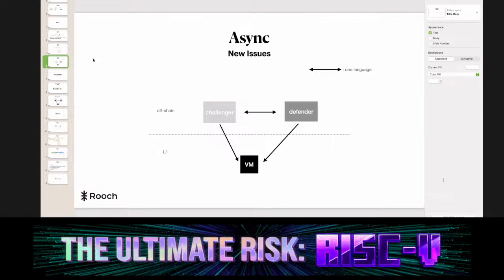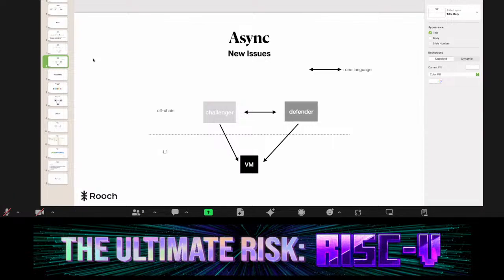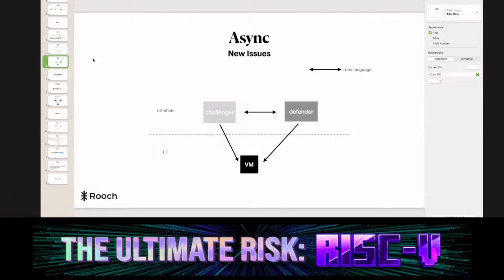There's a defender who submits the result first on layer 1, but someone disagrees with it, so he wants to challenge the results. But what language will they use?